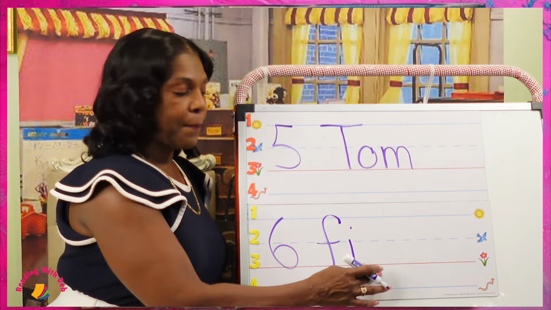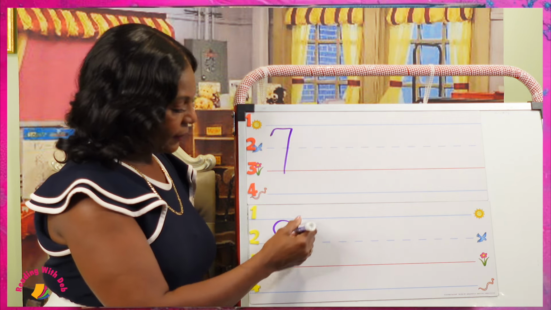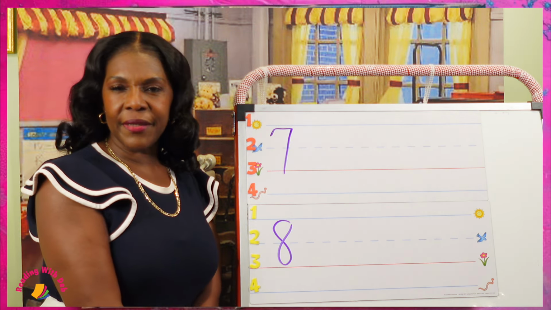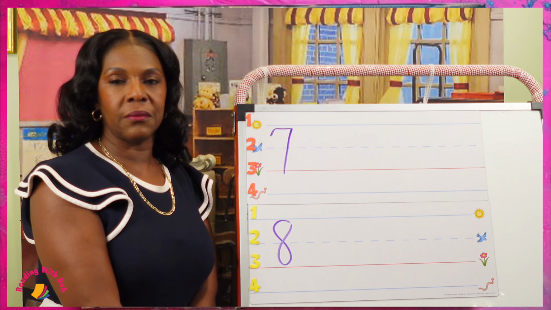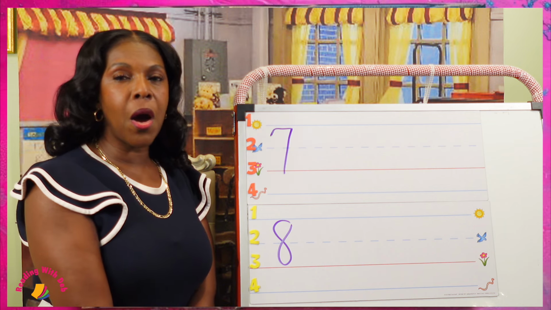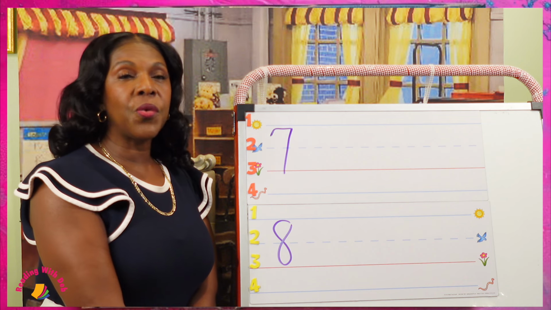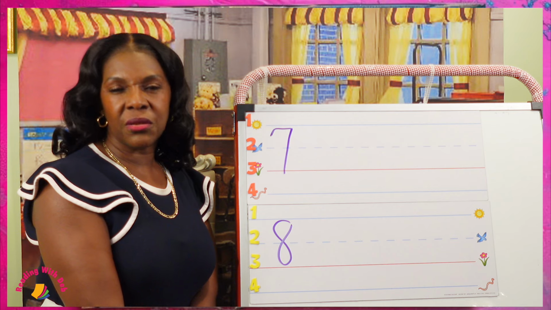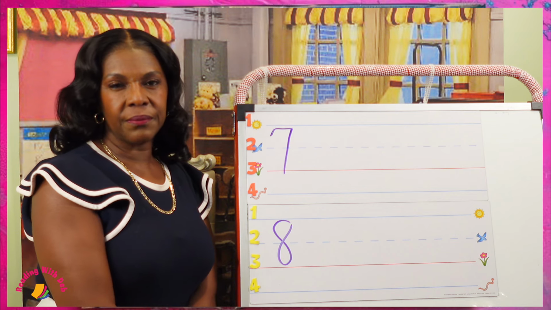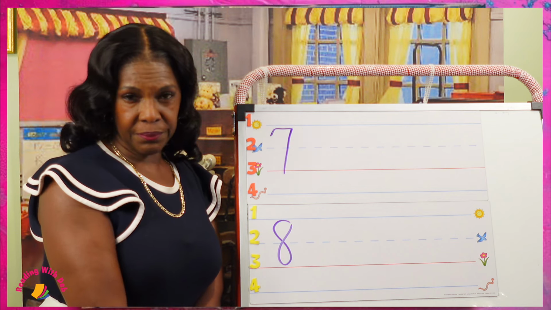Now, let's do numbers 7 and 8. Number 7. The word is mob. You know, the word mob typically refers to a large crowd of people, usually unruly.